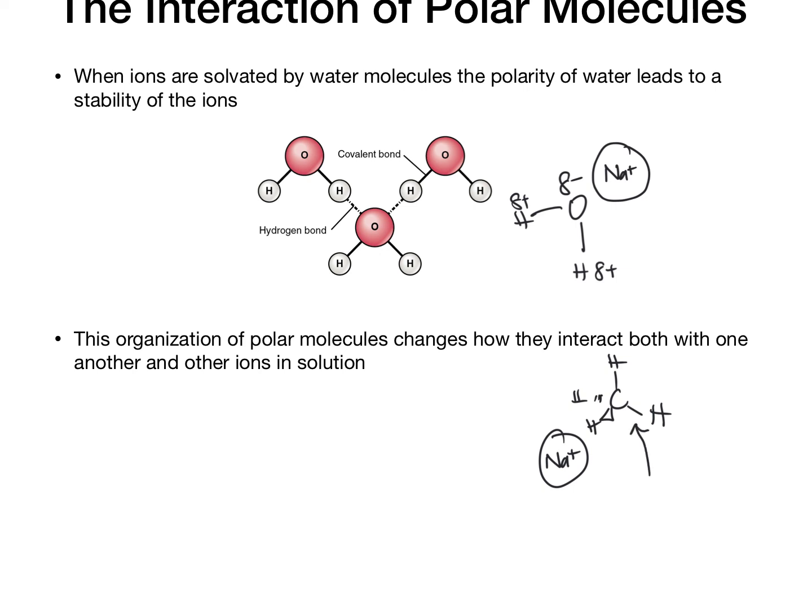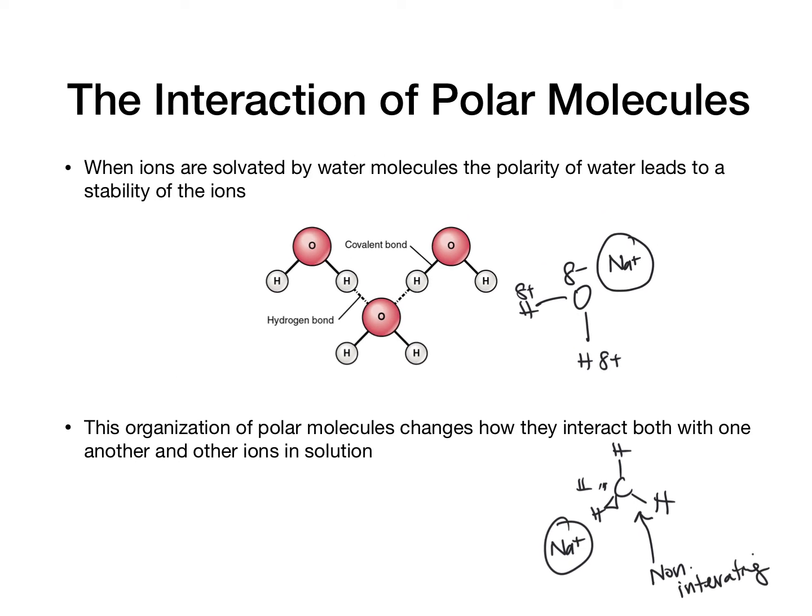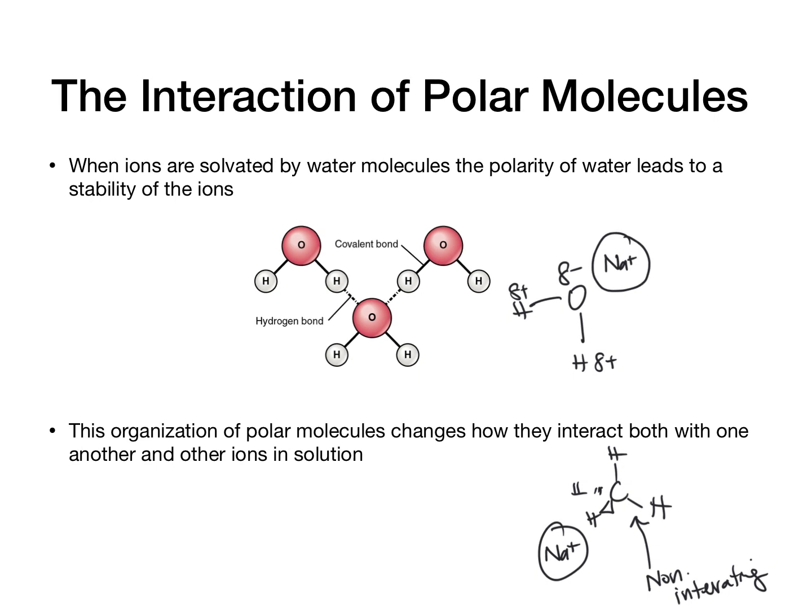So these are going to be non-interacting. So the polar behavior of water is going to allow the ions to be stabilized. We can start to think about how the polarity of a molecule or the molecules in groups is going to affect chemical reactions. And this is an important concept as we think of things as a chemist.